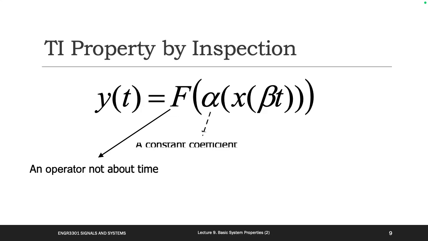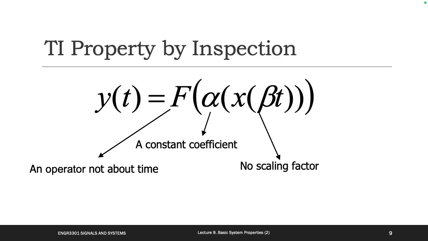And if this alpha is a constant coefficient, not time or some other thing, and there is no scaling factor, it just equals 1, then we can say this system is a TI system. But we know many systems do not fit this equation. So this is just an easy method. If your system is like that, you can quickly tell if it is TI or not TI.